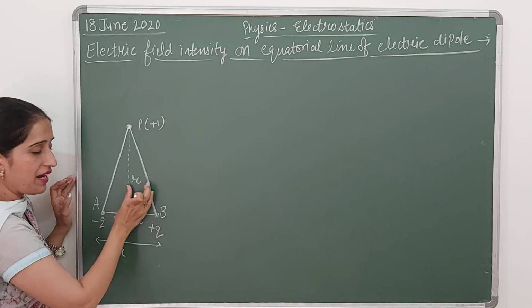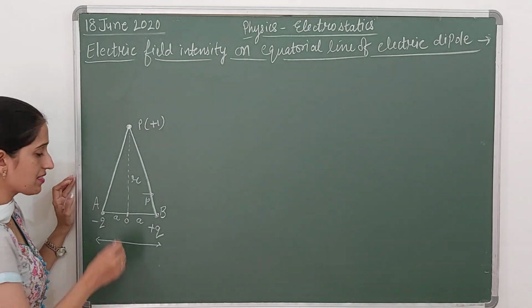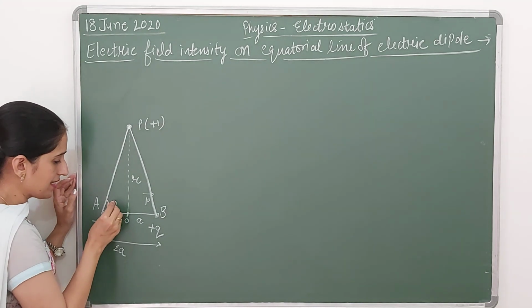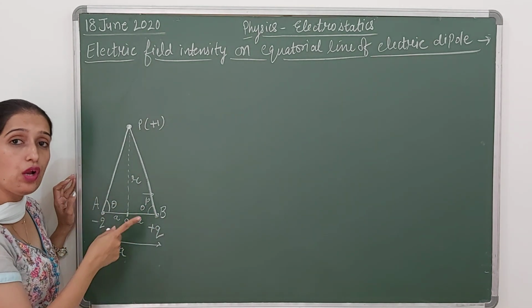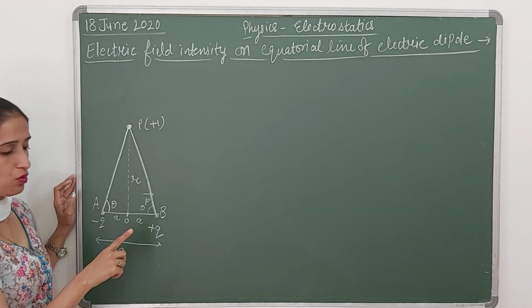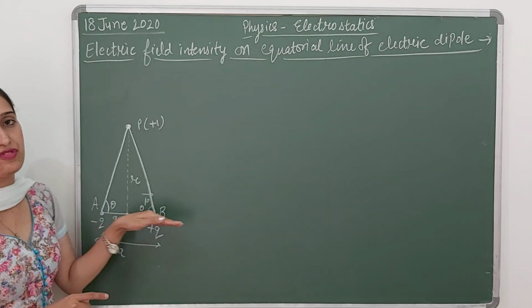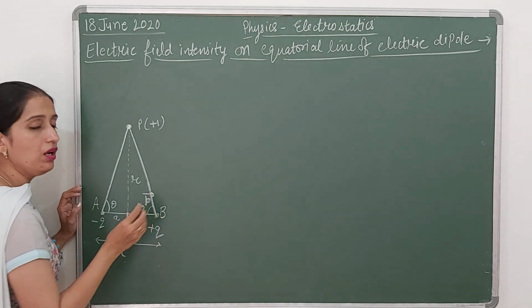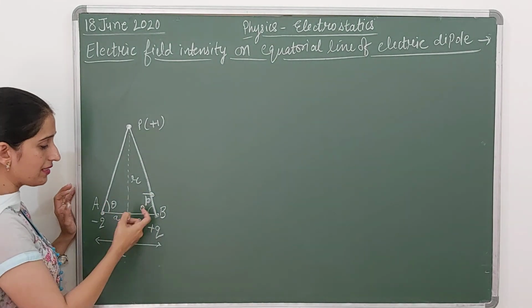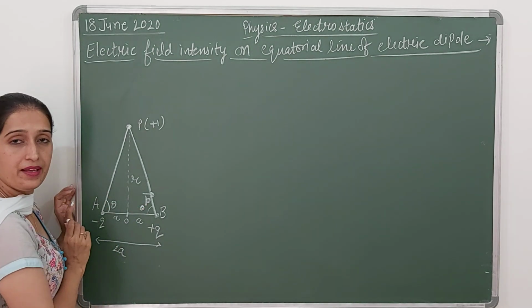So these two triangles are symmetric triangles. Let us put these angles as theta. p is the dipole moment of the electric dipole, whose direction is always from the negative charge to the positive charge. p is the electric dipole moment. So these two angles are theta.